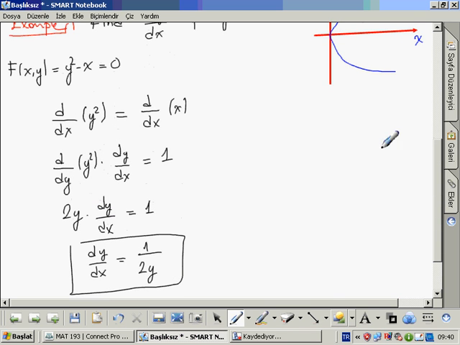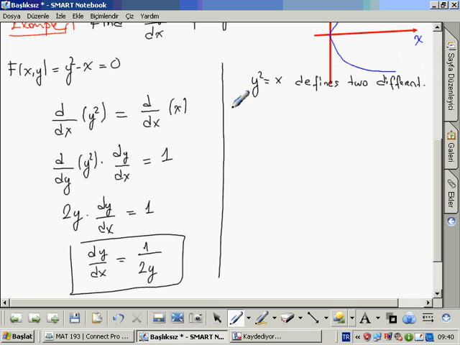For this function we can say that y squared equals x defines two differentiable functions. The first part is y equals square root of x, which is x to the power of 1 over 2, for x larger than 0.